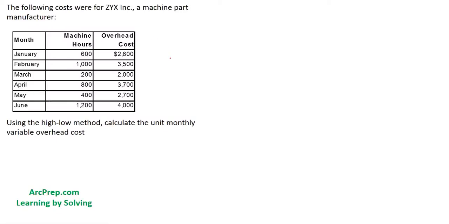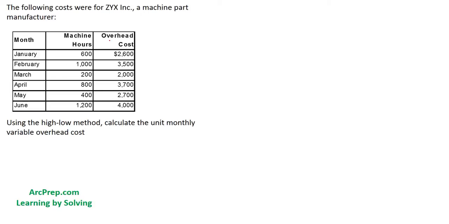Hi everybody. In this video we are going to go over cost estimation, and we are going to use a specific method called the high and low method to calculate the overhead cost that we need to estimate for the upcoming quarters, upcoming months.